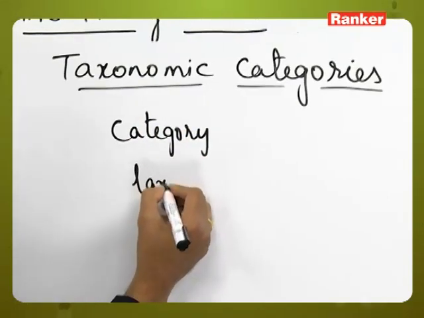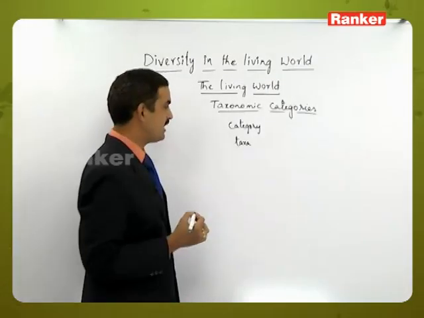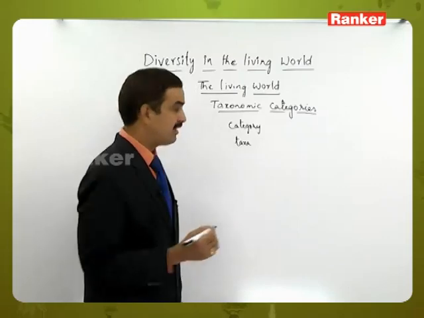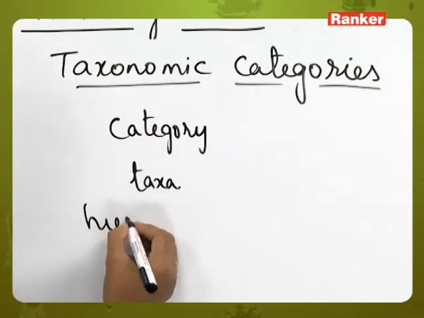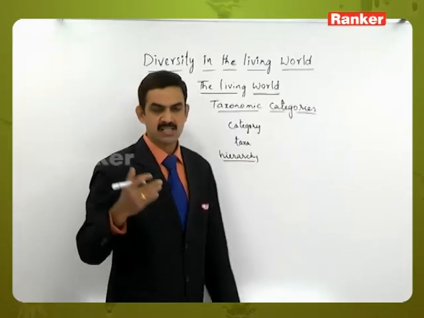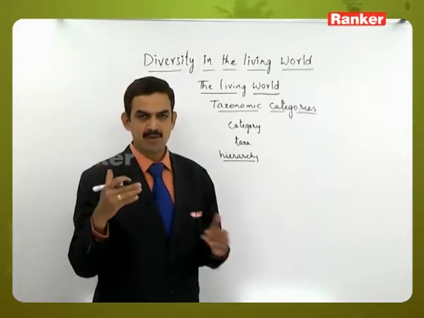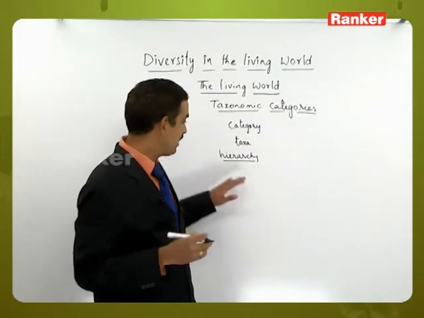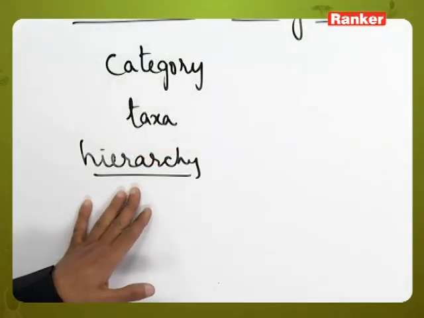Here we use the word category or taxa. Actually here category or taxa means we follow a hierarchy while classifying, that is from small to big, based on the characteristic similarities and differences, we use a hierarchy or the ascending order.